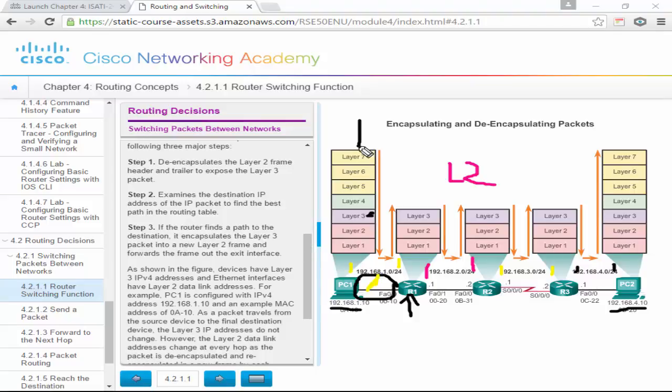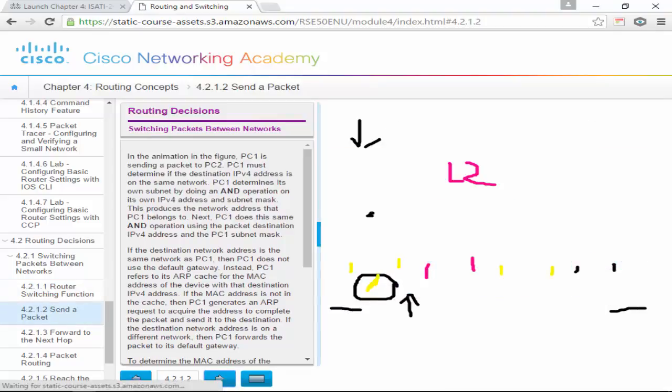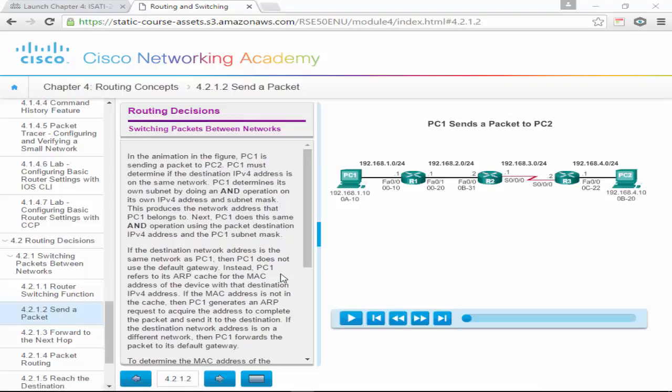Not 4 from the original, because this is the original. So the layer 2 changes each time, and we call that a hop, and that's what you're seeing within the traceroute. That's why if you did a traceroute, you're not going to see layer 2 stuff, because it's not ripping those off. Traceroute is just tracing between networks.